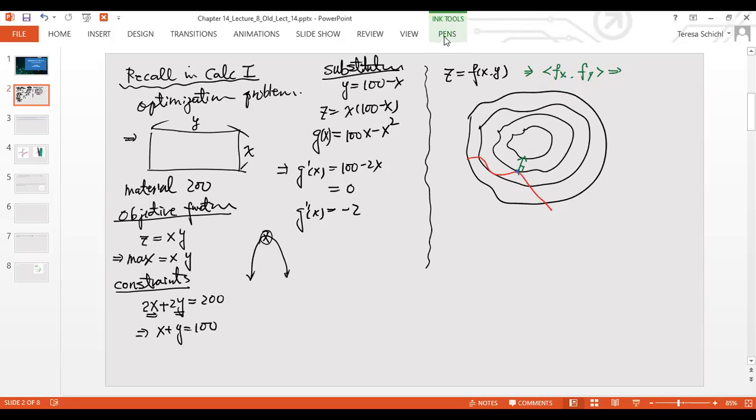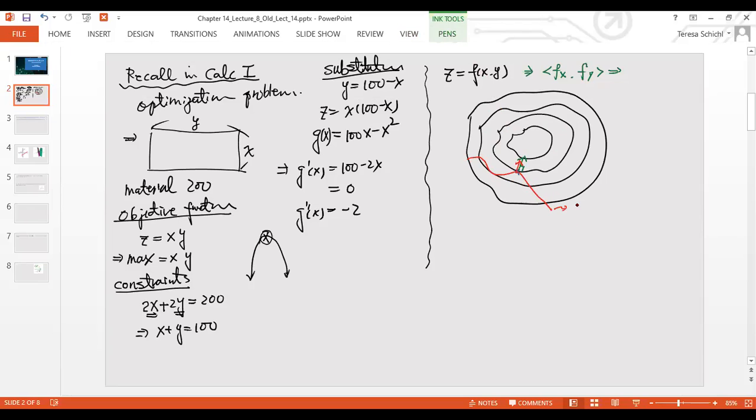Now here is my constraint, and it works the same way. If they touch here, then I also know from the constraint, if my constraint is g(x,y), that the biggest rate of change is along its gradient vector.